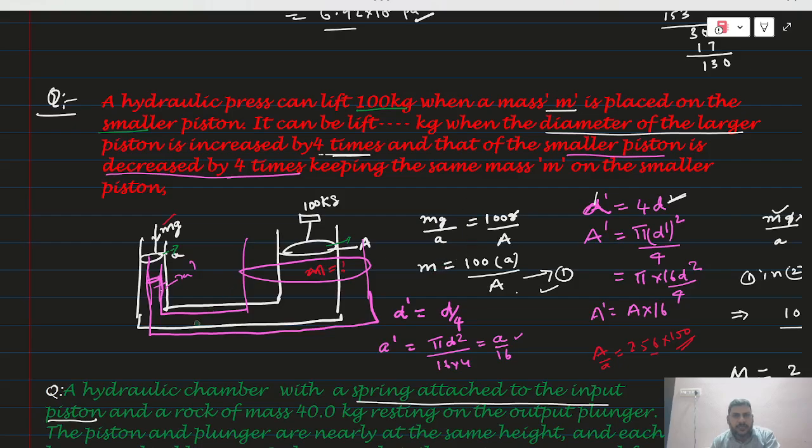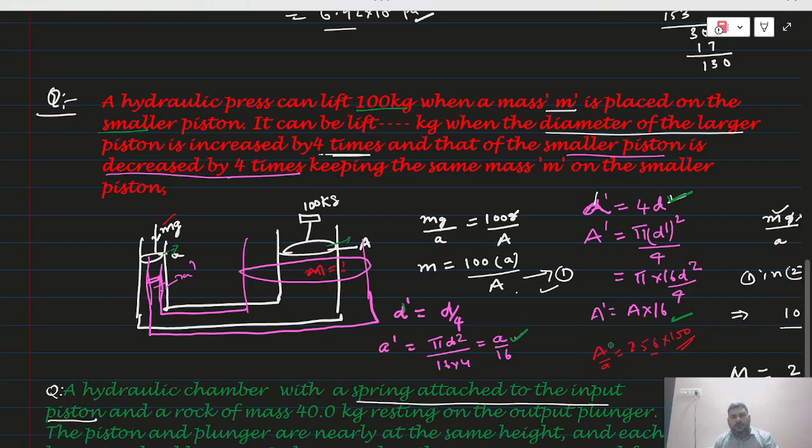Now they are changing the system such that the diameter of the larger piston is increased by 4 times. Diameter is increased, therefore the area becomes 16 times, capital A. And the diameter of the smaller cylinder is decreased by 4 times, therefore the area will become small a by 16.